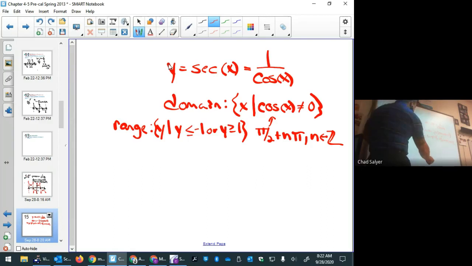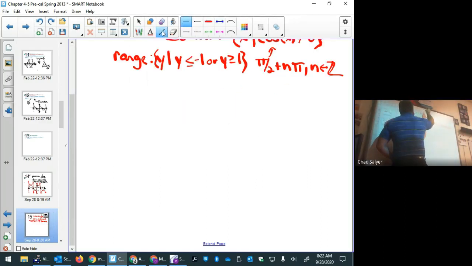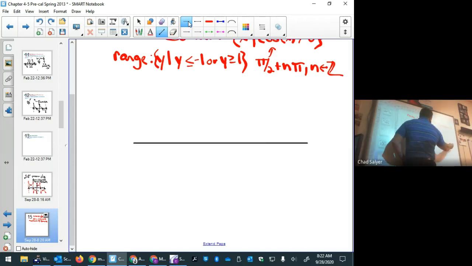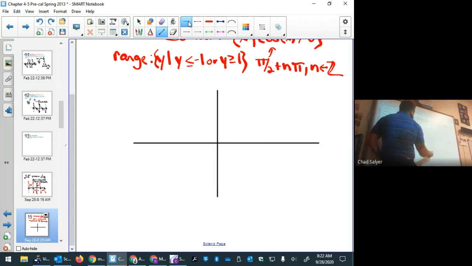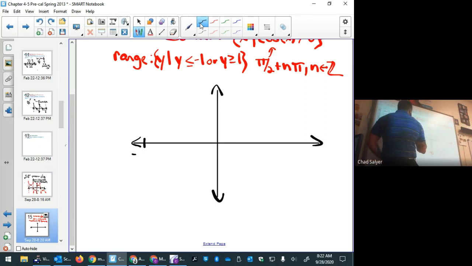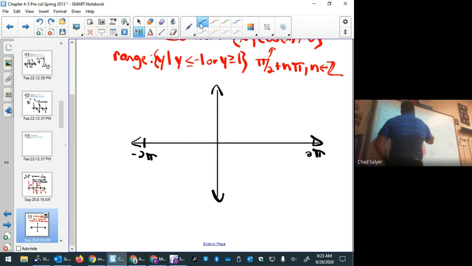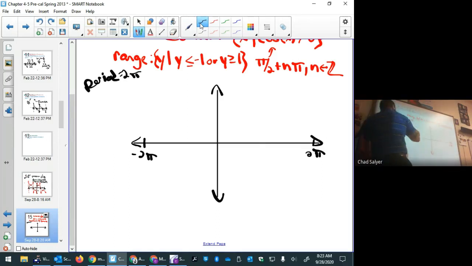Okay, so let's sketch our axes here. Once again, negative 2 pi to 2 pi. The period is 2 pi.